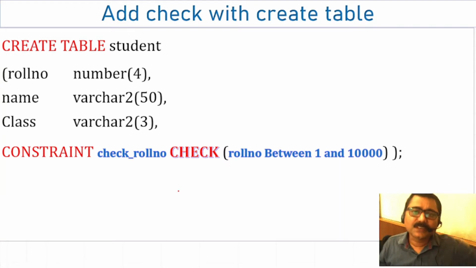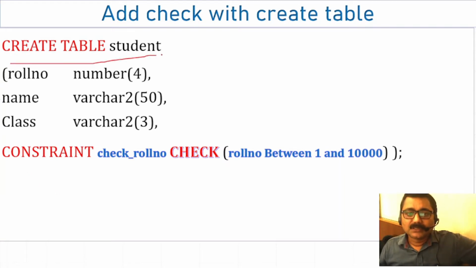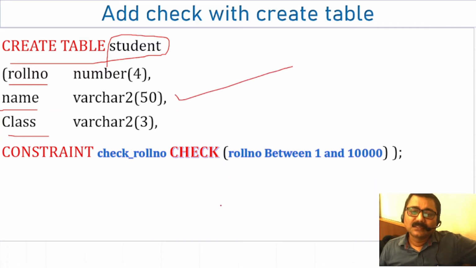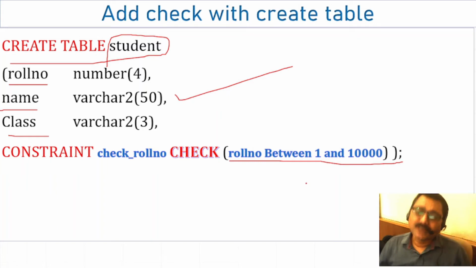So this is a very simple table. Its name is student, where it has roll number, name, and class. In this case, suppose somebody has decided that the roll number should be in a particular range. I want to define a range for the roll number. So it's very simple. At the time of creation, after the opening bracket, this is the constraint keyword you will be using.